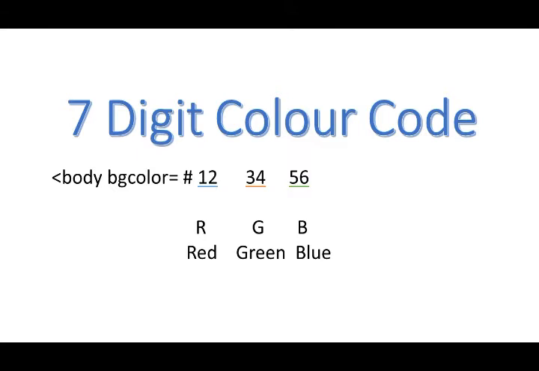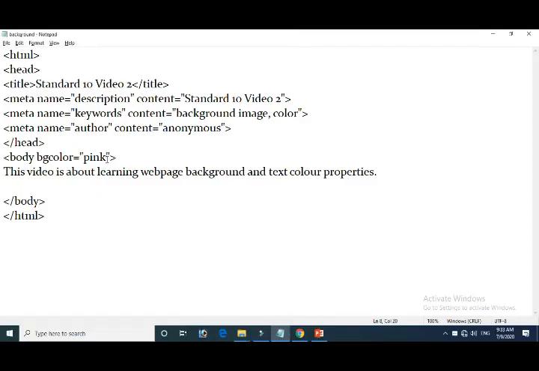The first 2 places after the hash are for the red color property. The third and fourth symbols are used for the green color property. The fifth and sixth symbols are used for blue color. This way we can add any color to text or background in RGB form.